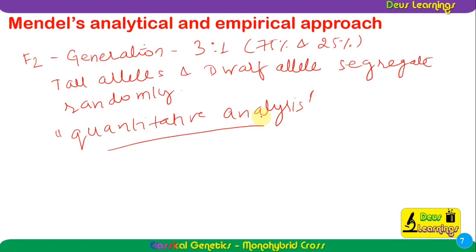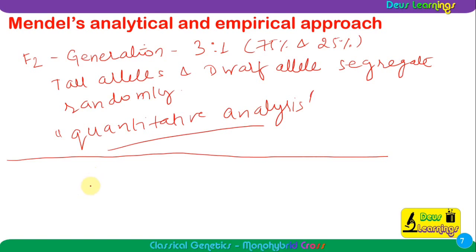We can consider his study as a quantitative approach. The next thing is that Mendel was able to understand that these characters were carried by alleles, which he called a discrete particulate unit of heredity.